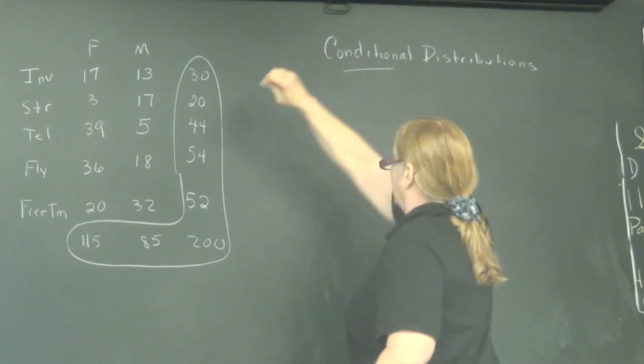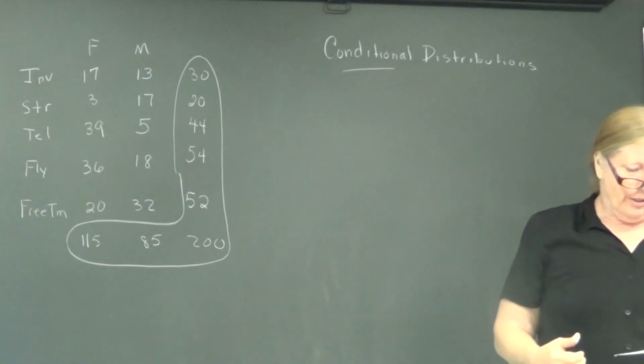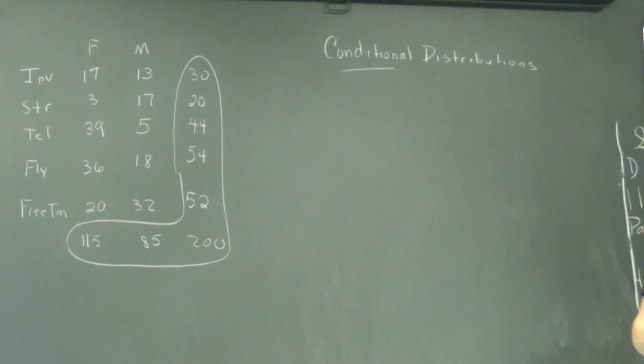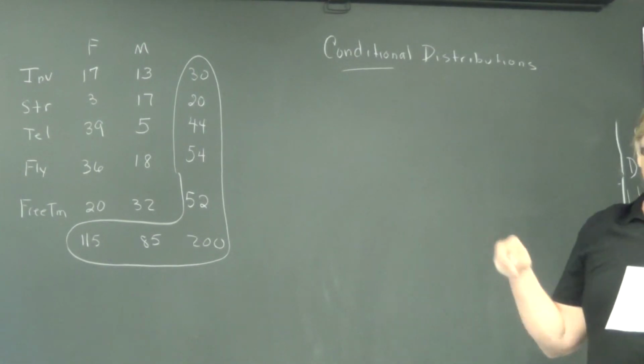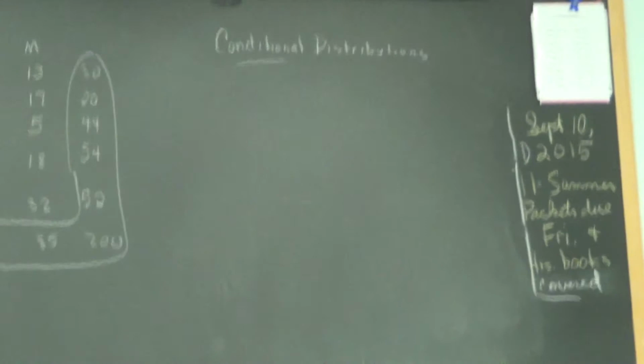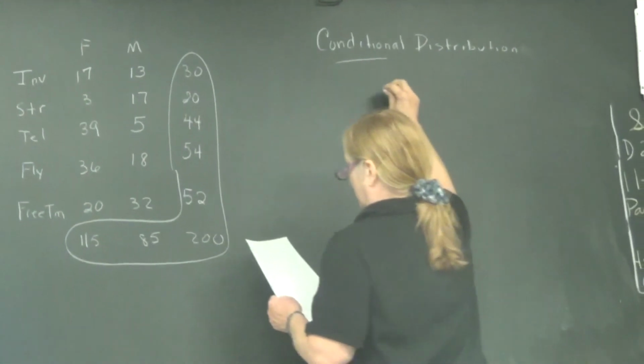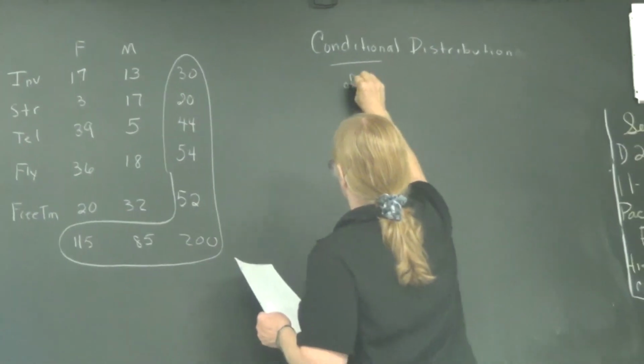All right, we're going to add a condition in the conditional distribution. As much as possible, let the words define the words for you. I'll give you the formal definition in a minute, but let's just do one. Let's calculate the conditional distribution of responses.